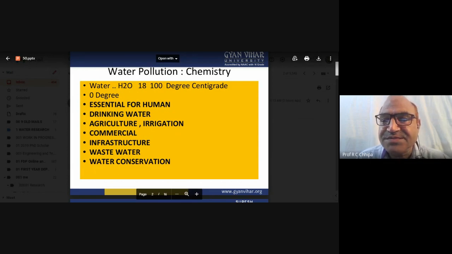The civil works are carried out with the available water. Here I am giving the availability of that water for various infrastructure. Then one more thing: after using the water, because of the solubility of water, that water is thrown outside, and that is the wastewater.